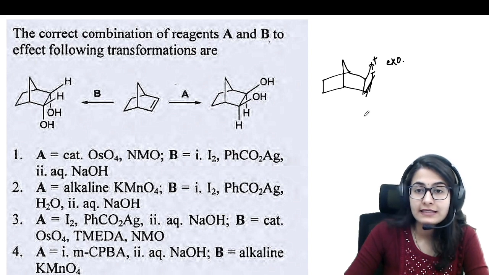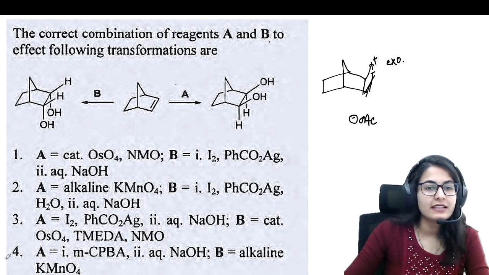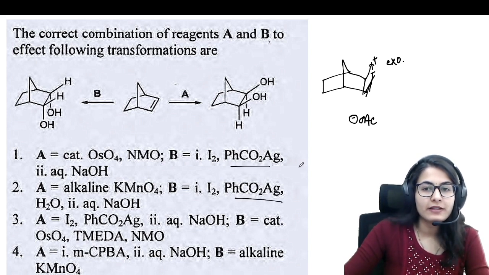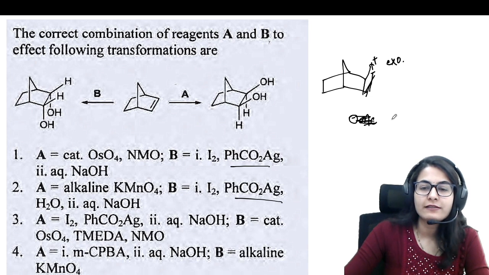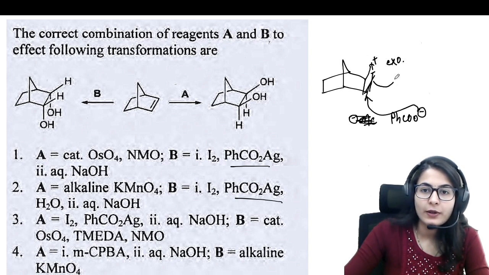Now where is the acetate going to attack? In the second step you have silver benzoate. Let's take the silver benzoate only, like this. Silver benzoate is attacking from below and it's going to open up the iodonium ion.